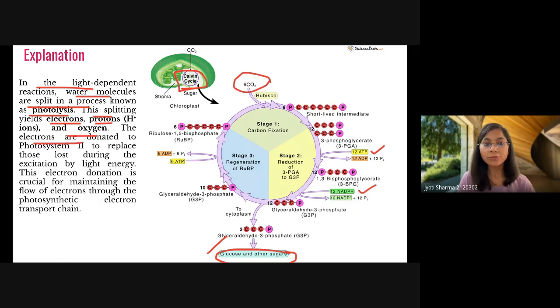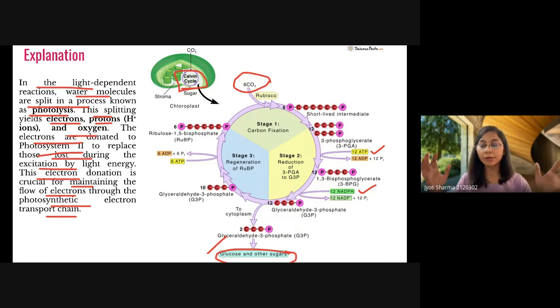Electrons are donated to photosystem 2 to replace those lost during the excitation by light. This electron donation is crucial for maintaining the flow of electrons through the photosynthetic electron transport chain. So this is like light reaction and dark reaction. This will complete the process of photosynthesis, right?